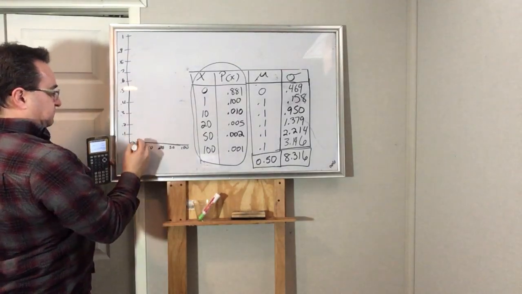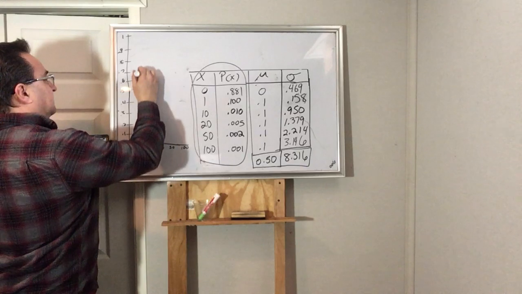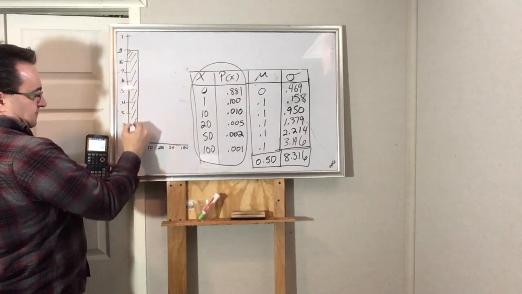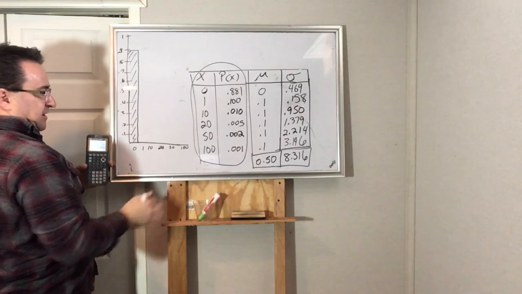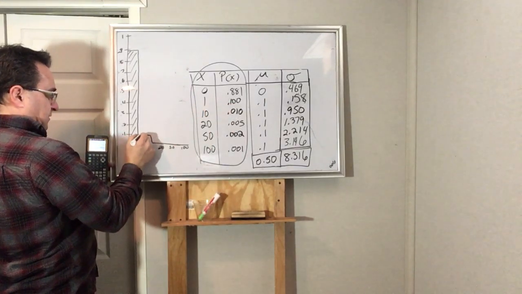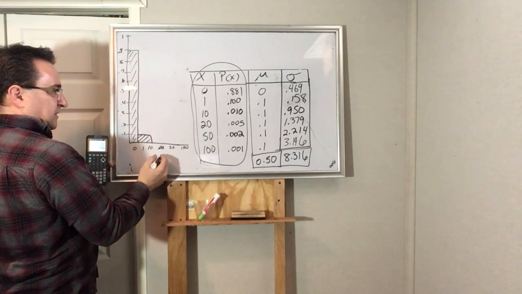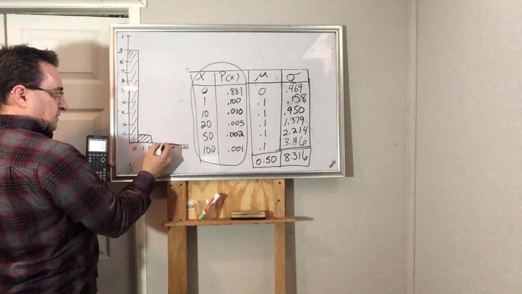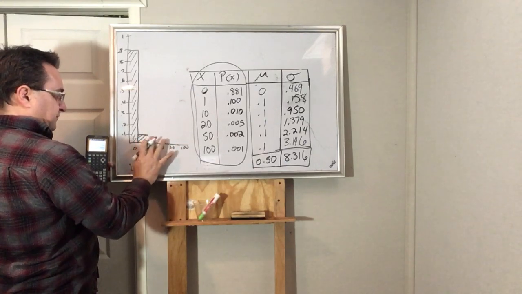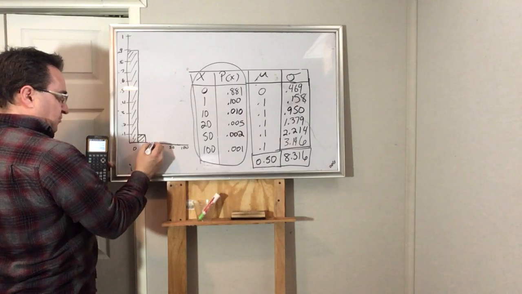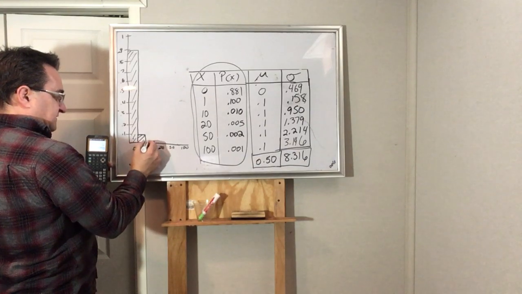Okay, so most likely you are going to win nothing. The probability of getting a 1 is 0.1. 20 is 0.05. Skip 10. These get really hard to see.